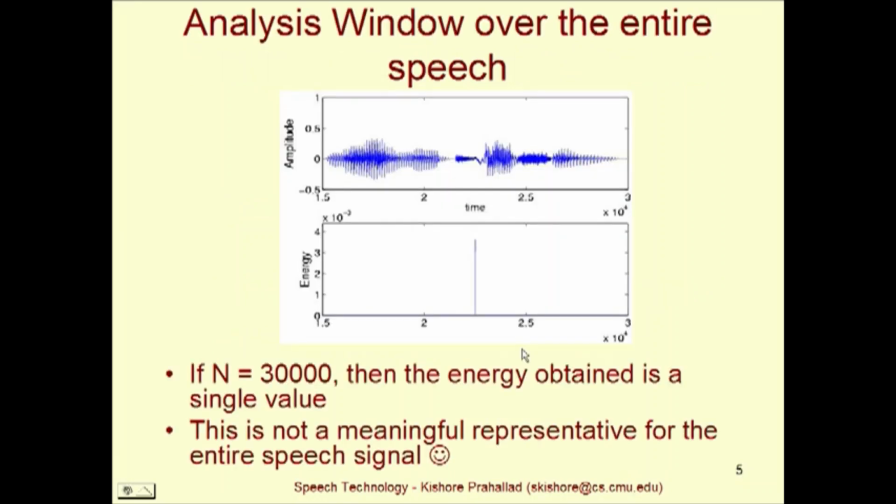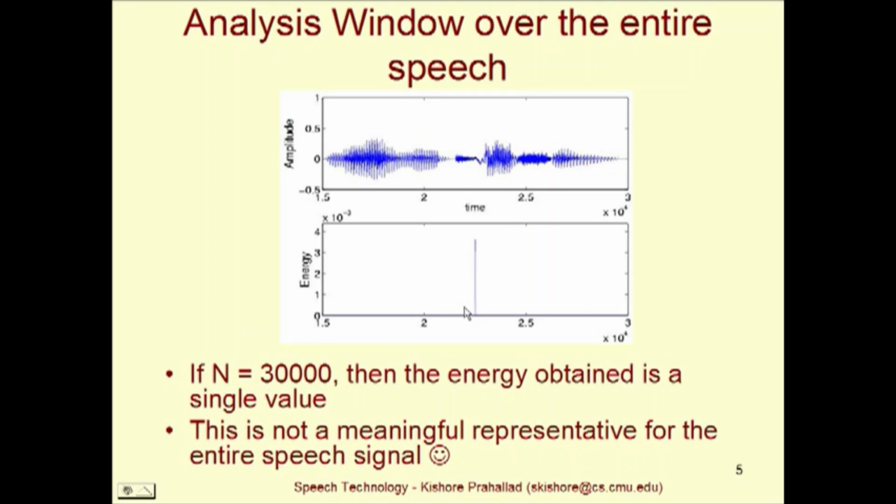So now let's say this is an example speech signal which we have taken here, and for the time being let us assume that we have put the analysis window over the entire speech here and then plug in that energy equation which we saw in the last slide. So that means if n is equal to 30, then the energy obtained here is a single value, and that is what we have plotted here.